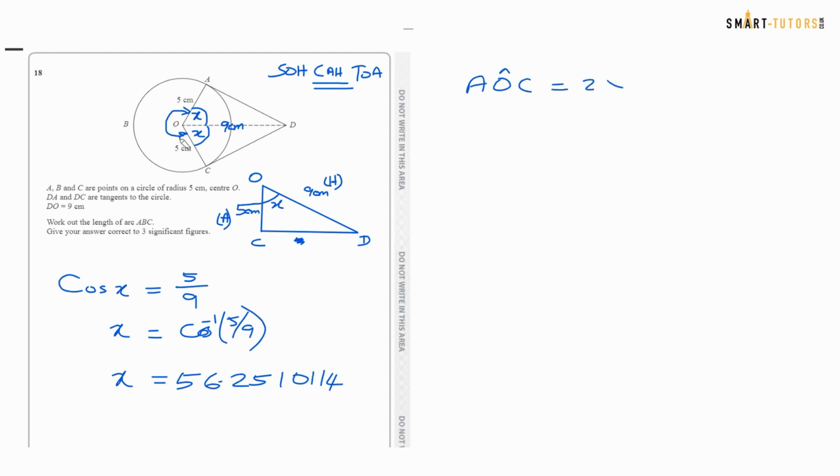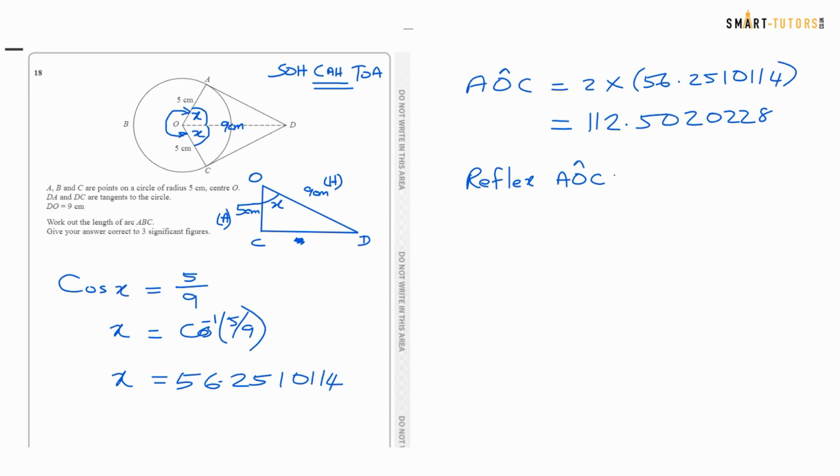Next, we need to find out the AOC angle. So AOC angle is 2 times 56.2510114, which is going to be 112.5020228.